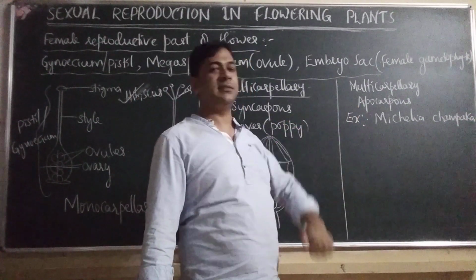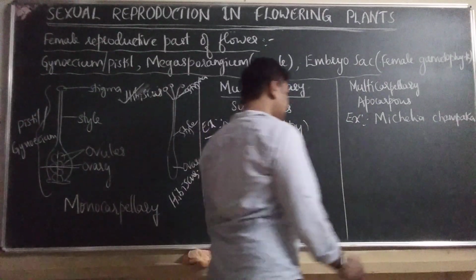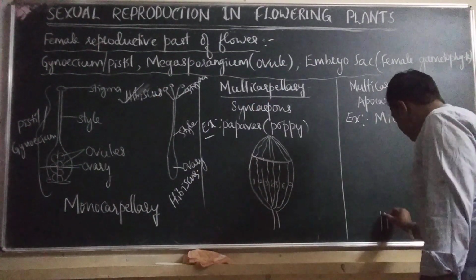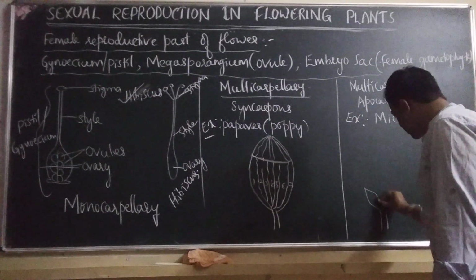Okay, so Michelia is that plant where you see that it will have a structure like this.